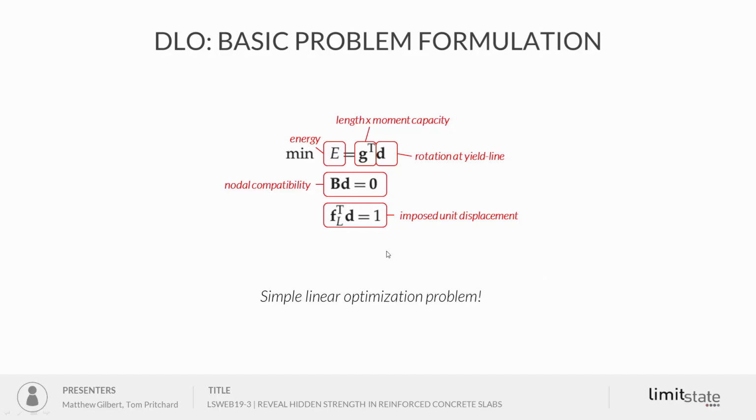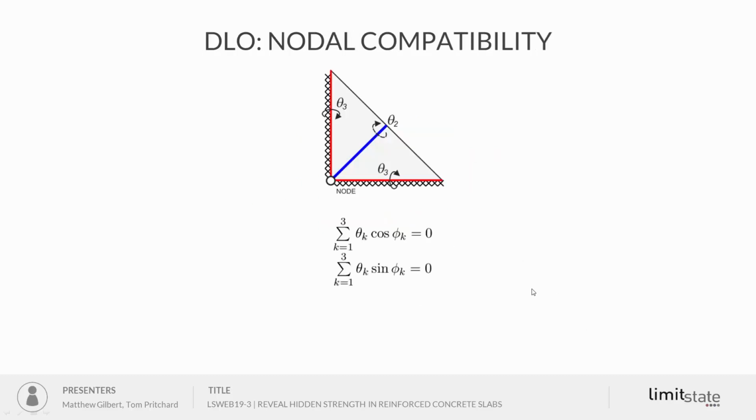The main constraint of interest is a nodal compatibility constraint, which I can show again here. And basically what we're saying is that if we zoom in on a particular node, that if we resolve the rotations in the x direction and in the y direction, as we go round the node and come back to the starting point, those must sum to 0.